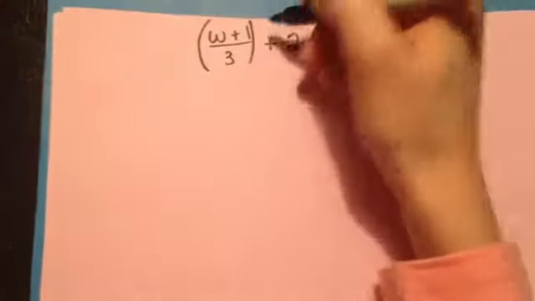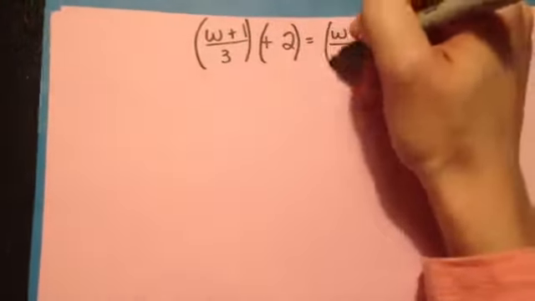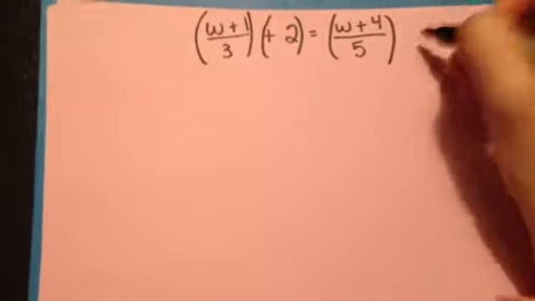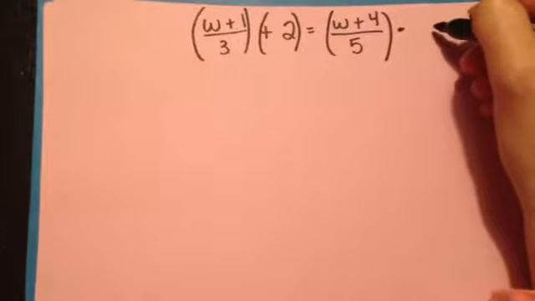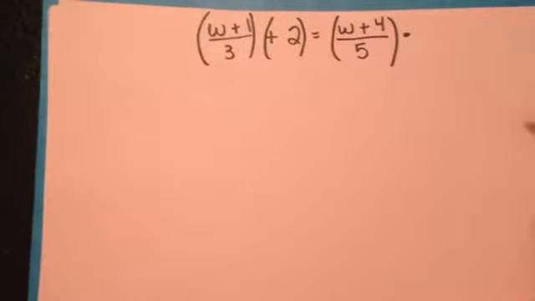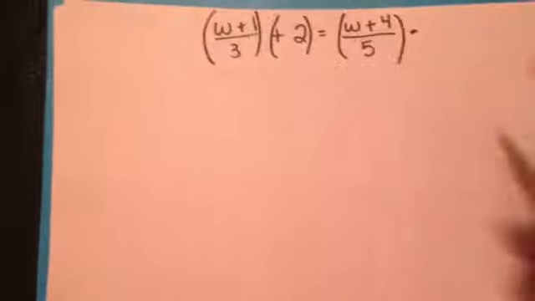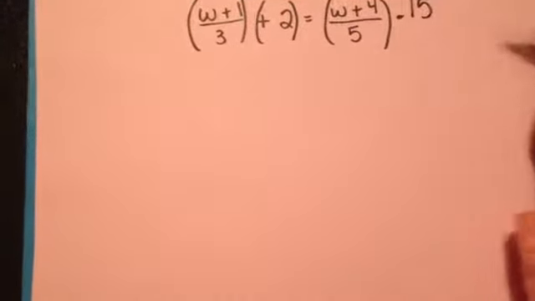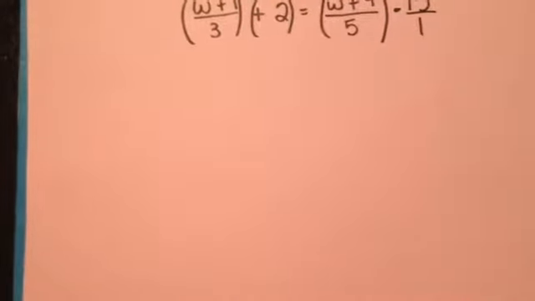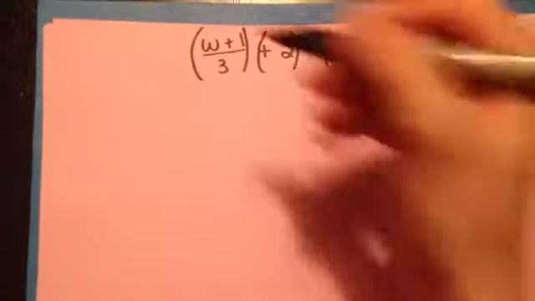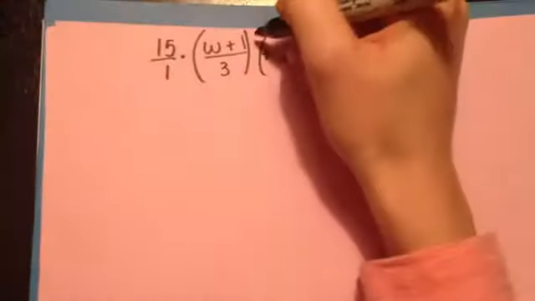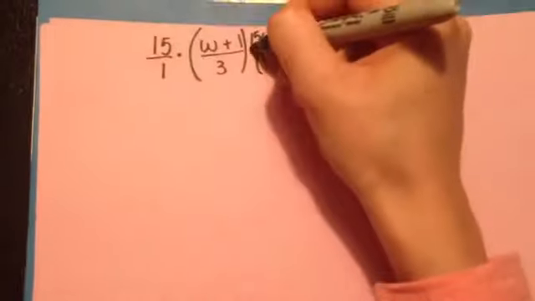I want to pick a number that will cause my denominators to cancel. 3 and 5 both go into 15 really easily, so I'm going to choose 15, which I can think of as 15 over 1. I'll multiply each piece of the equation by 15 over 1.